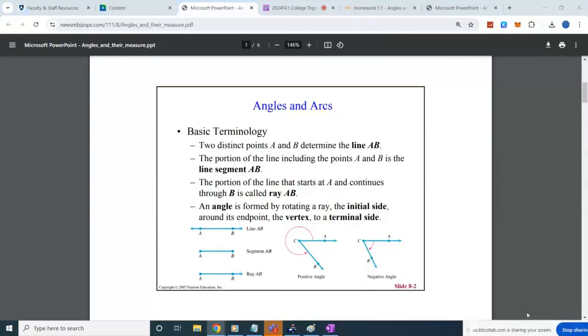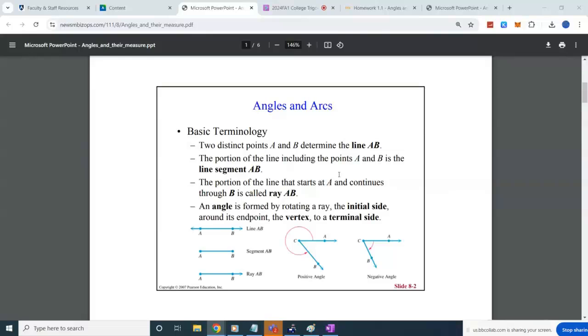All right, so here's some basic terminologies for angles and arcs. So two distinct points, A and B, determine a line AB, right? And there's a rule that states between any 2 points lies a straight line. A line extends forever in both directions.